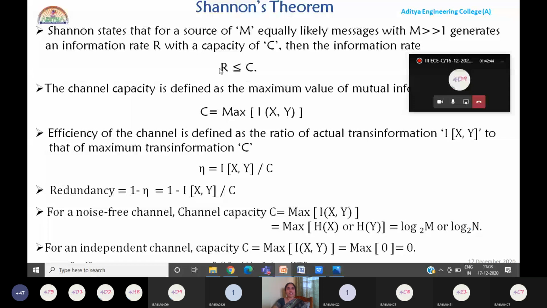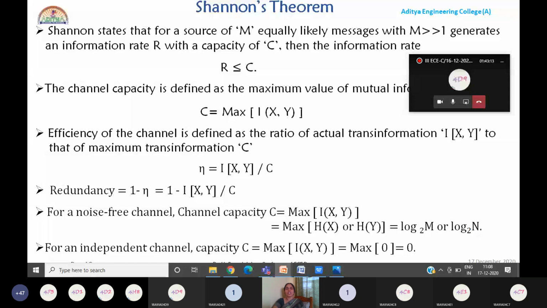So the first equation is R is less than or equal to C, that is Shannon's theorem. After that, Shannon also stated the channel capacity as the maximum of mutual information, that is maximum of I of xy. In modules 4 and 5, we calculated the entropies, and using the marginal, joint and conditional entropies, we calculated the mutual information.